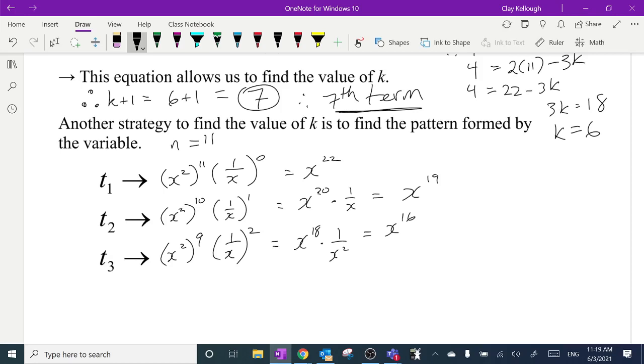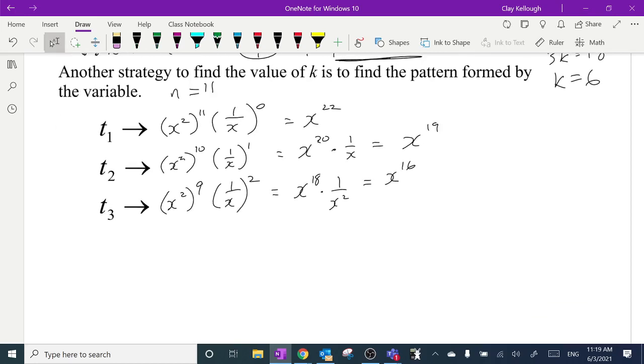So, okay, keep that pattern going. In fact, that's probably enough. Here's my pattern, right? 22, 19, 16. When will I hit 4? That's the first, that's the second, that's the third. What's that one? Does this look familiar?